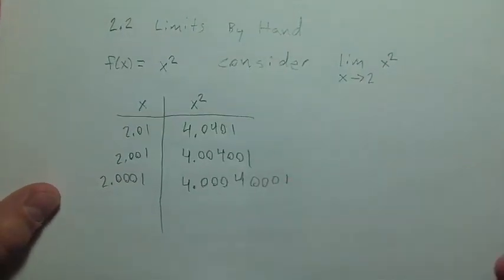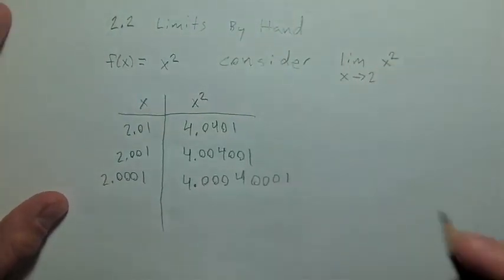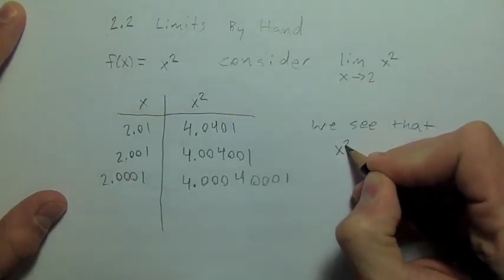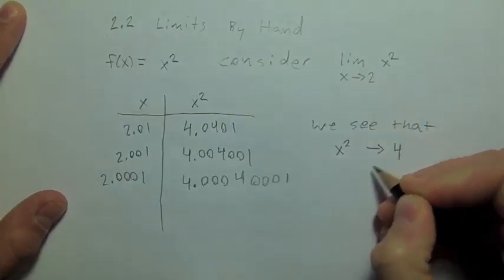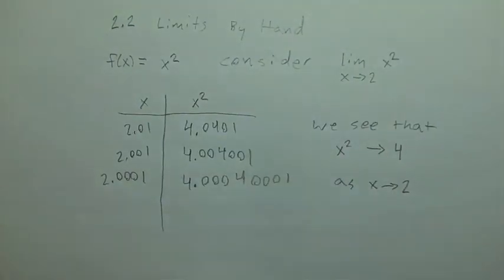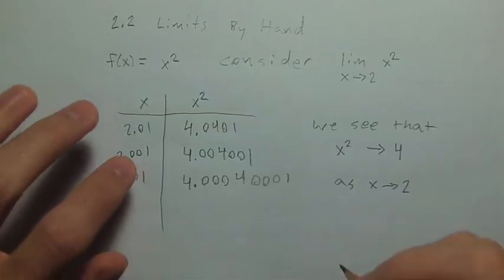We can check it from the other side. In fact, you probably should. I'll let you do that. But basically, we see that x squared goes to 4 as x goes to 2. And that makes sense, right? As x gets closer and closer and closer to 2, x squared should get closer and closer and closer to 4.